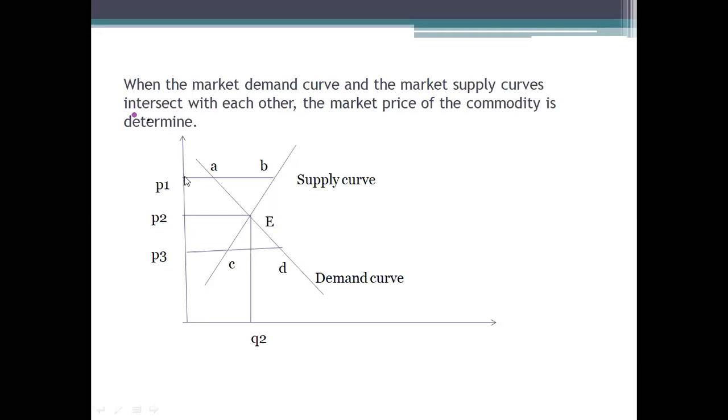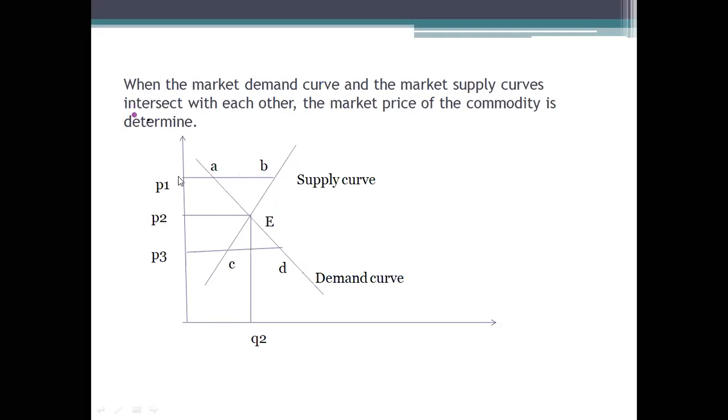So P1A is the amount of demand of the commodity, and P1B is the amount of supply. So high price, low demand. This AB is the portion which is excess supply.